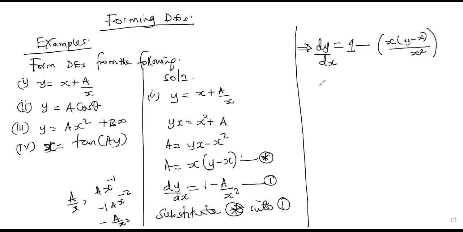So this is the same as 1 minus, because this is yx, so it will be y minus x over x. Because when you open the brackets, this is the same as xy minus x squared over x squared.